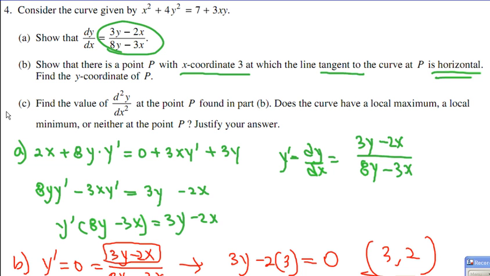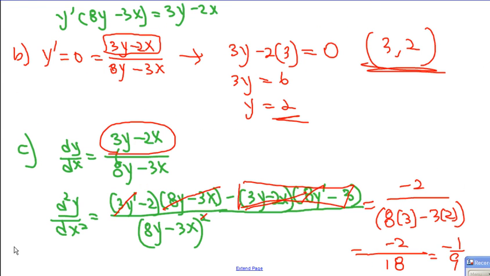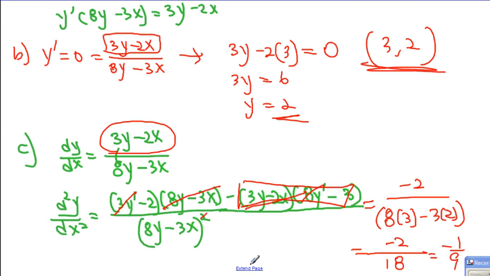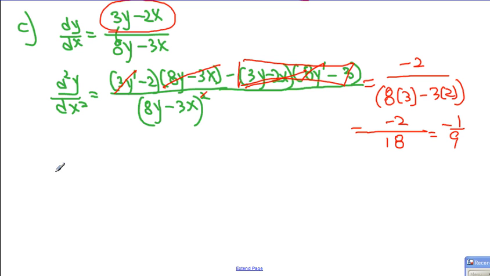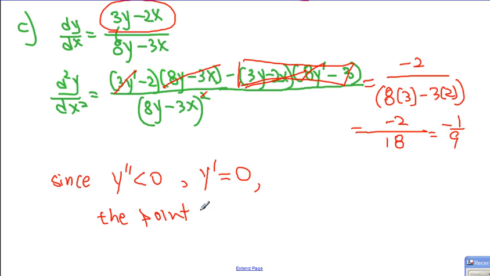Now, is it a local maximum, minimum, or neither? Since the second derivative is negative, while the first derivative is equal to 0, this tells us that the point is, imagine this is negative, that means concave down this way, so therefore the point is a local maximum.